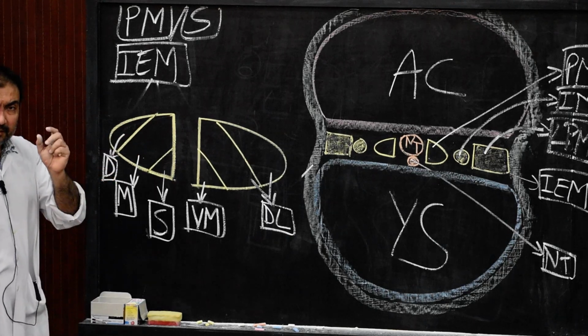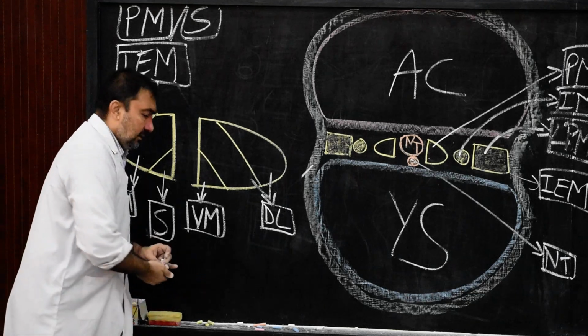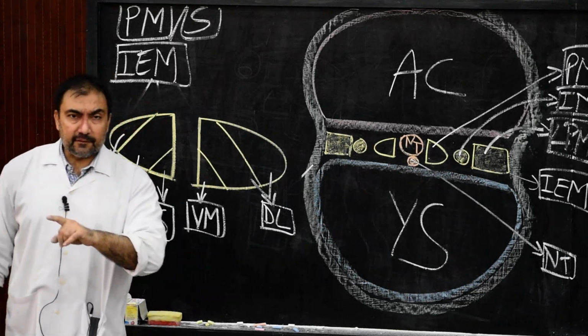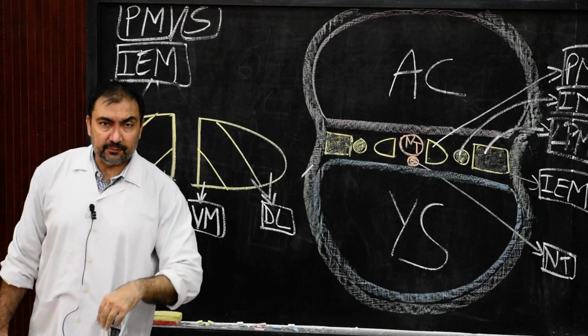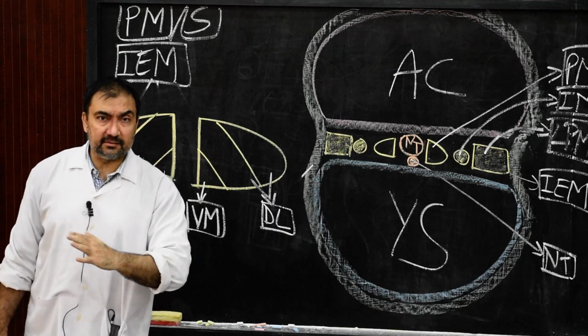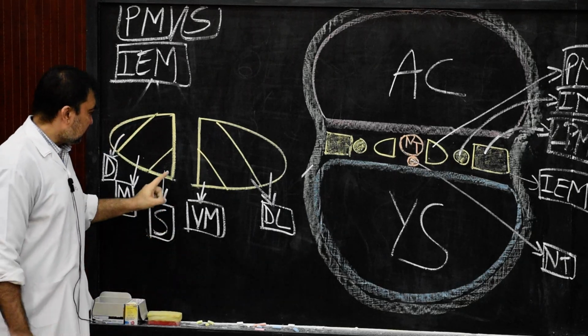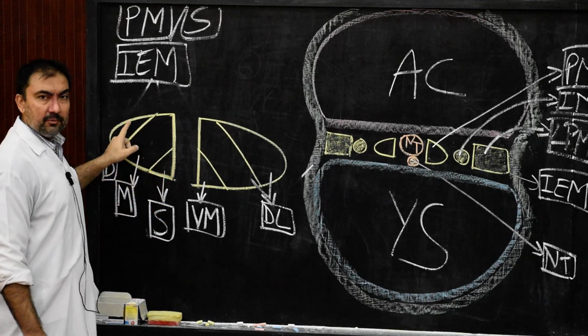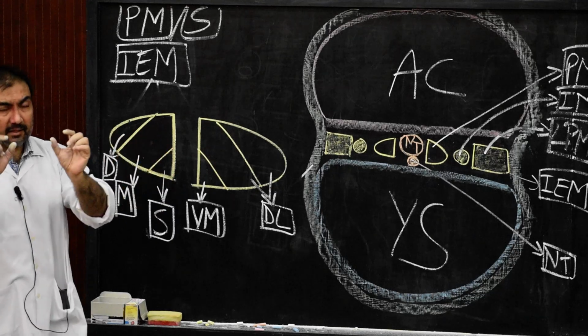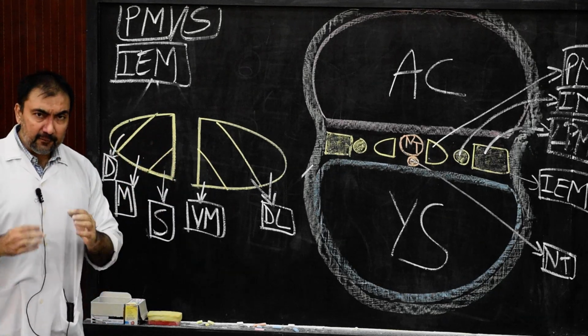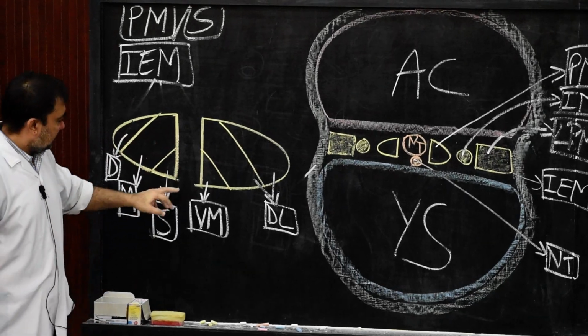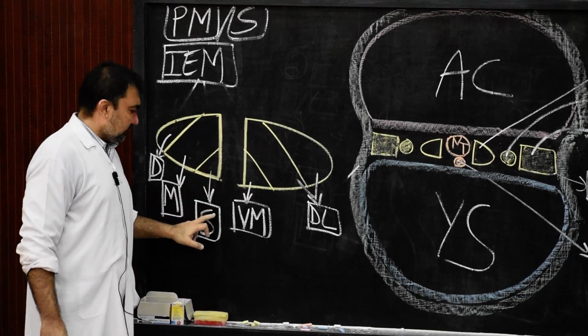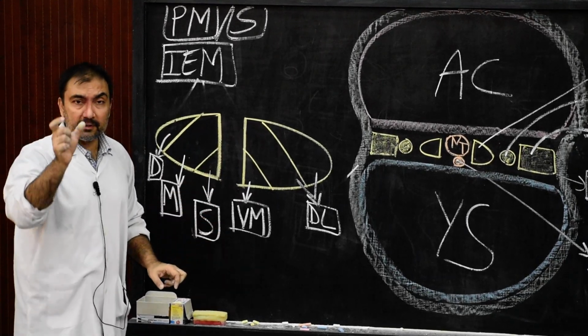So therefore, each somite, right and left, will develop into 3 different parts from medial to lateral: sclerotome, myotome, dermatome. Each somite. Now try and understand, from the sclerotome portion of the somites, how many are there? 44 pairs.